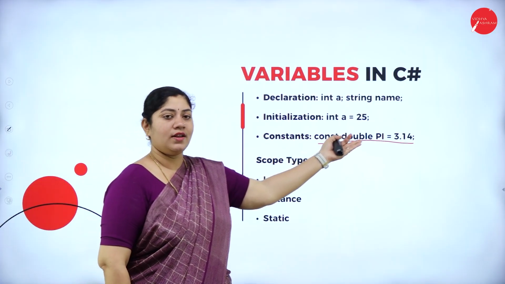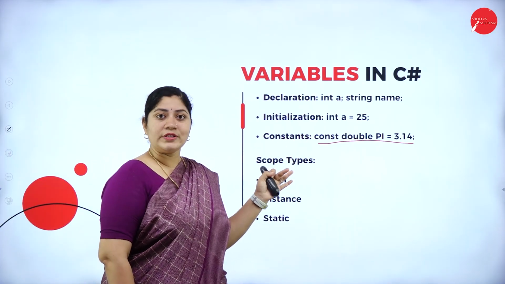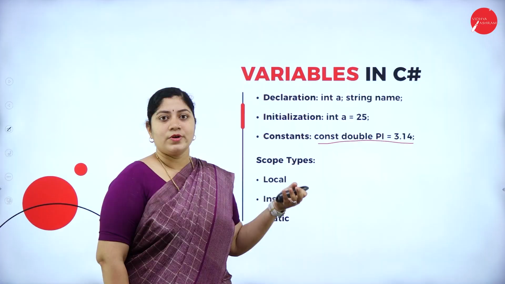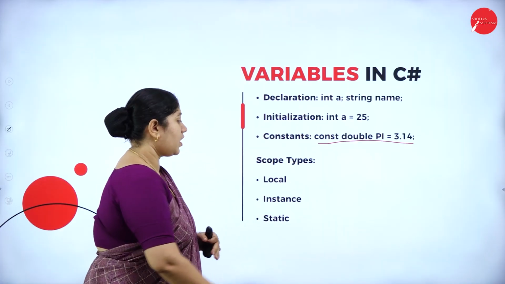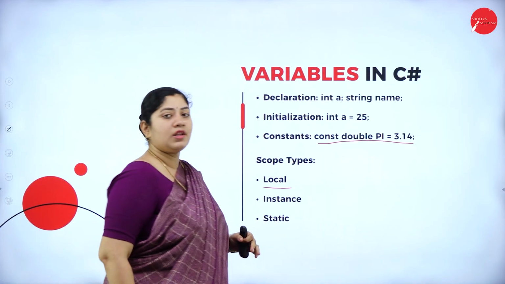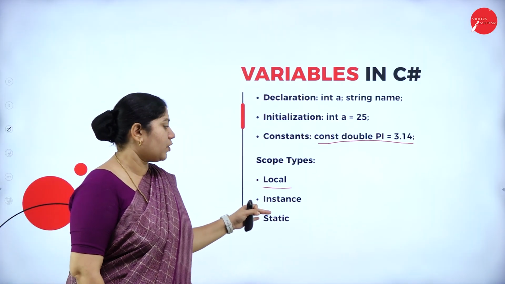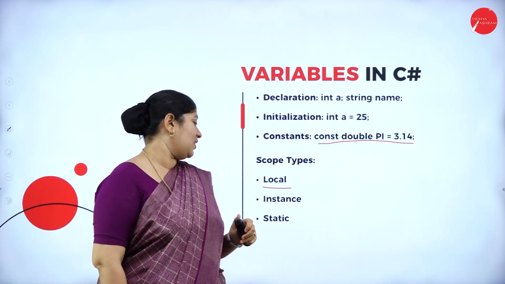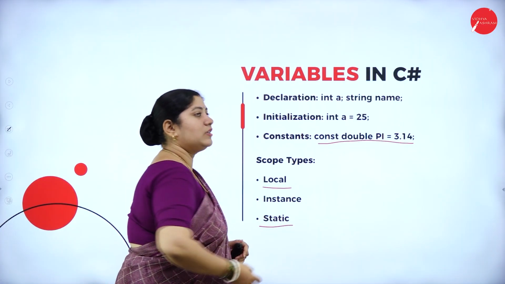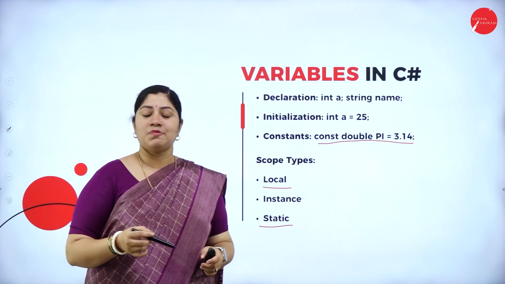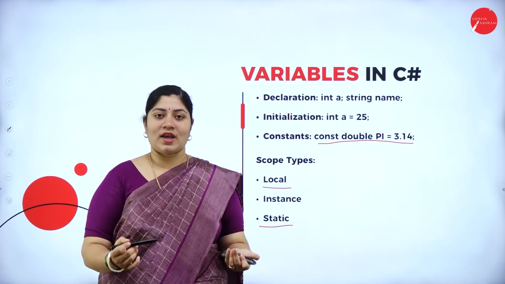Now, what are the different scopes, or under which conditions can I utilize this? I can define the variables locally, yes, it's valid. I can define the variables for an instance, which is also valid. And if I want to define it for static data types, yes, absolutely we can do that.